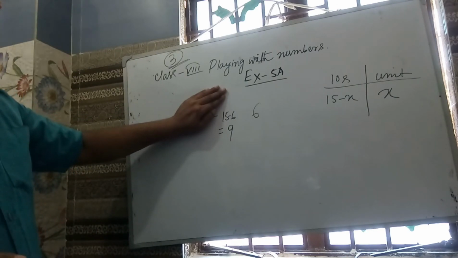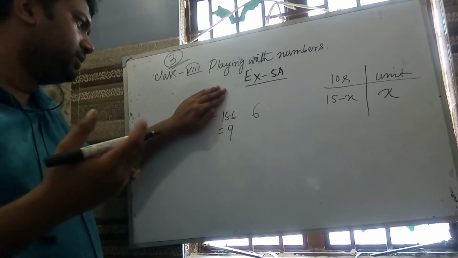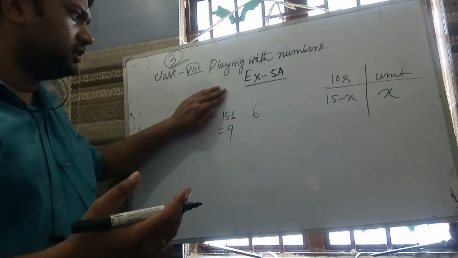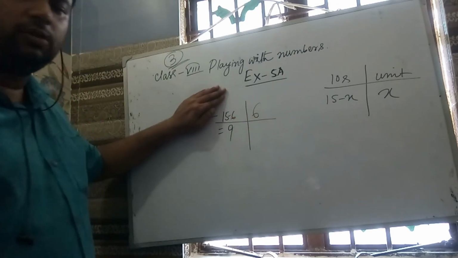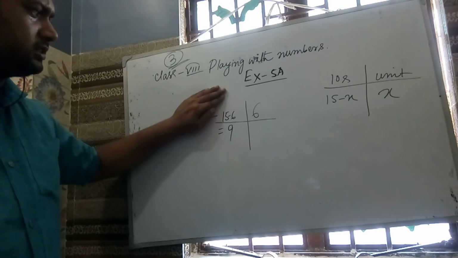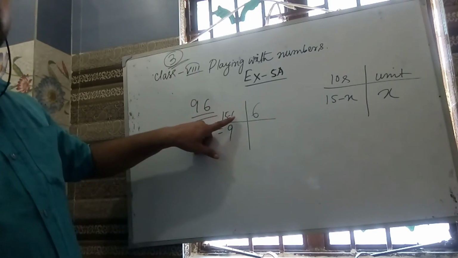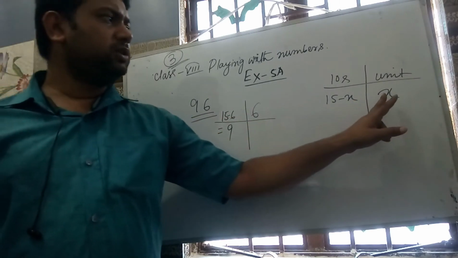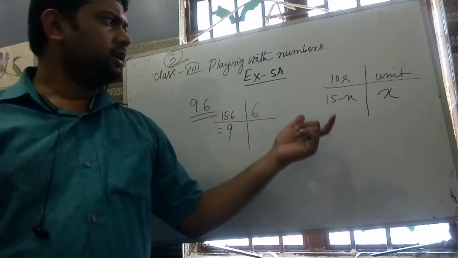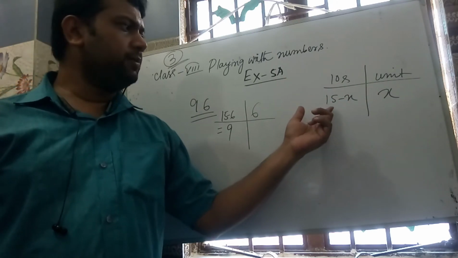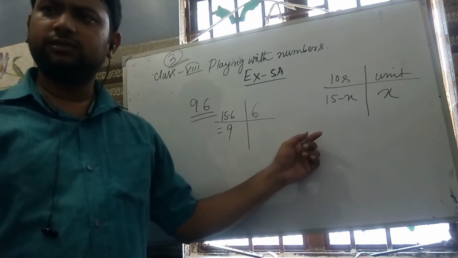Is that clear? The sum of the digits minus the given digit. Here we have considered the unit digit to be x. So automatically the tens place digit will be 15 minus x, because 15 is the sum of the digits. Clear?